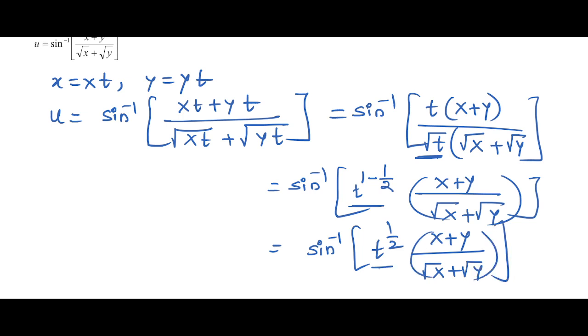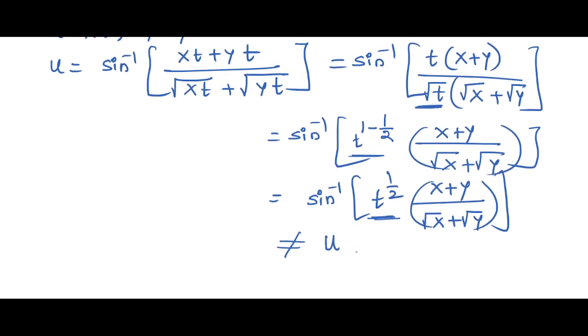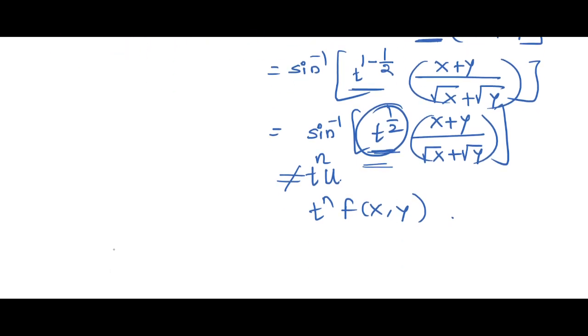So because of this t term, we cannot write this as u again. Okay, so we are not able to write it as t raised to n into u, or t raised to n into f of x comma y, and this we cannot take outside of the sine inverse. So therefore the given u is not homogeneous.